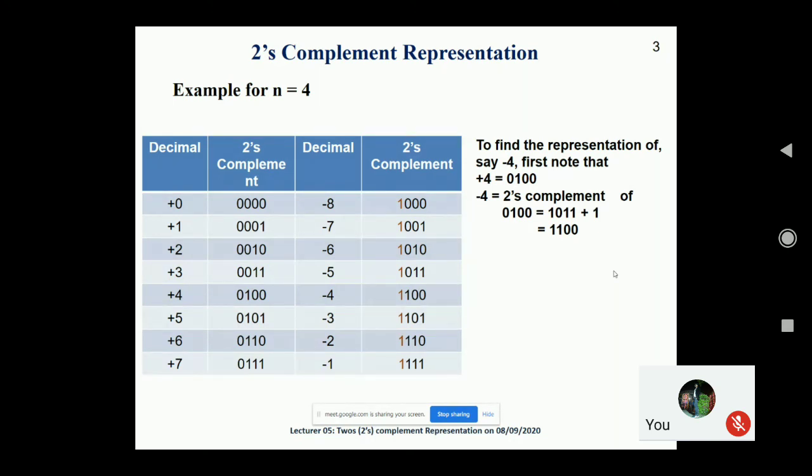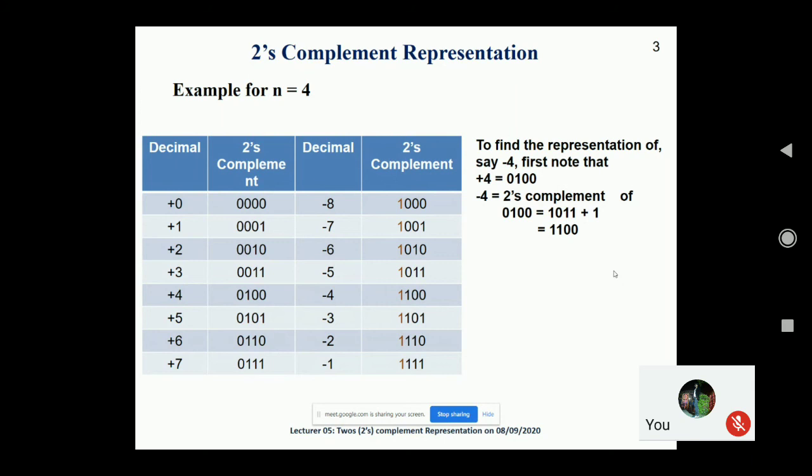See here, in the first column we are using decimal, and the third column also has decimal values. For +0, +1 up to +7, the MSB is 0 in all. We are not doing the two's complement for these, because all the numbers are positive, so it is similar to sign magnitude form.